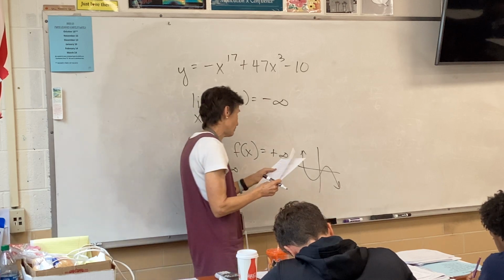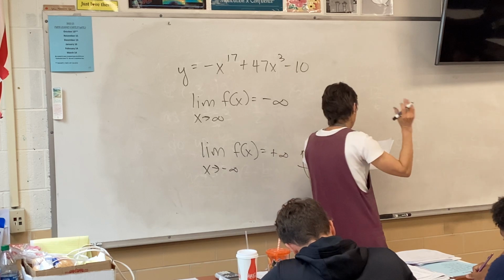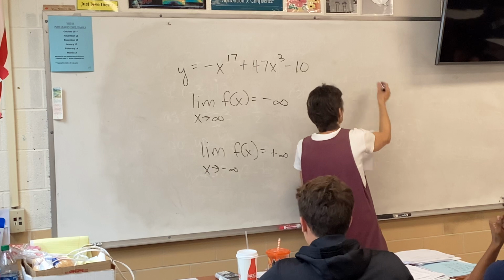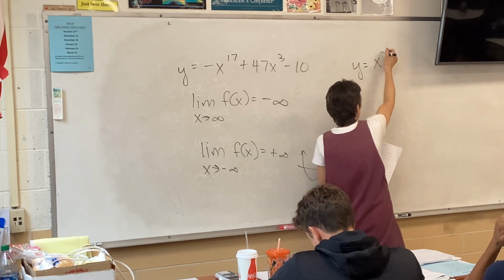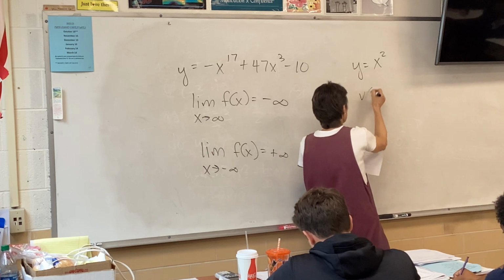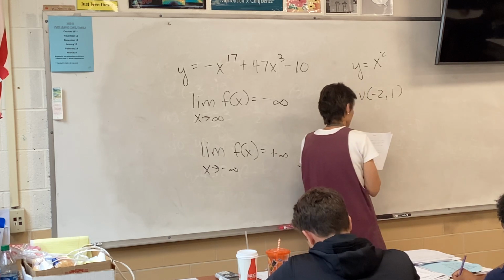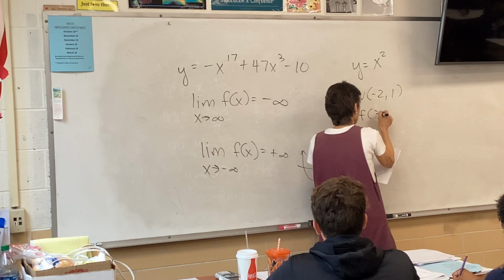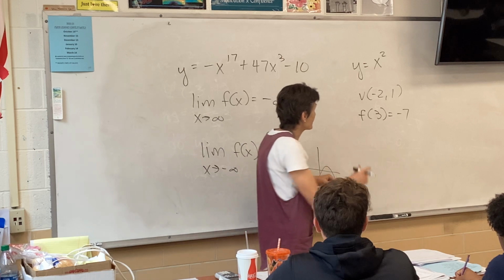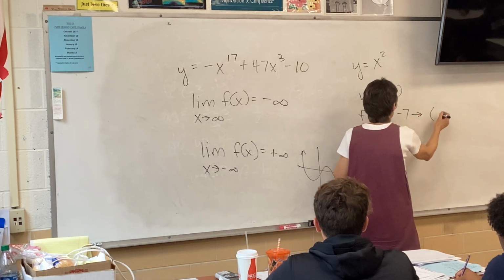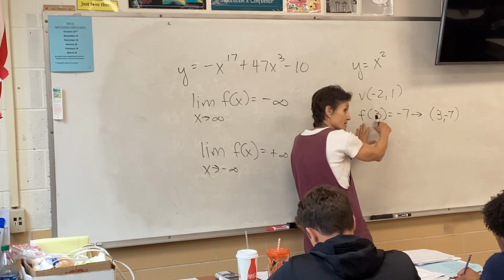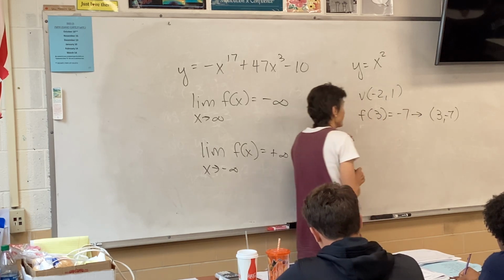Another one I want to do, because for some reason people miss it, is number 2. It's a quadratic function, which means it's x squared. This is number 2. I know the vertex is -2, 1, and I know that f of 3 is -7, which corresponds, by the way, to the point 3, -7, because f of x is 3, y is -7.